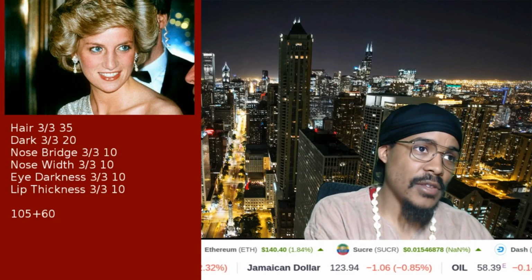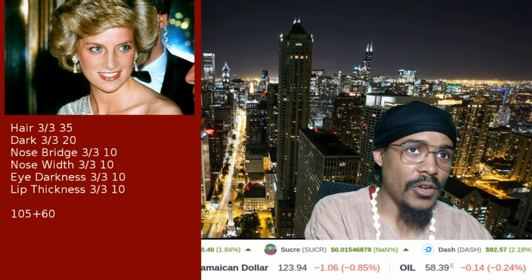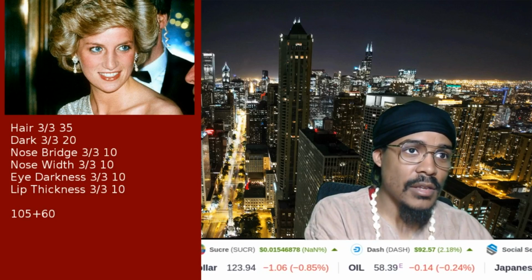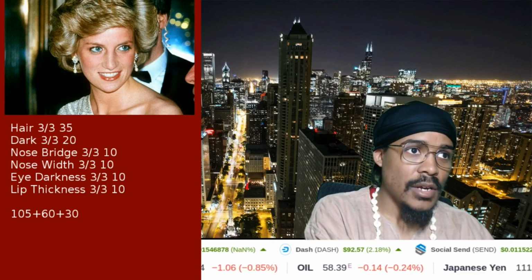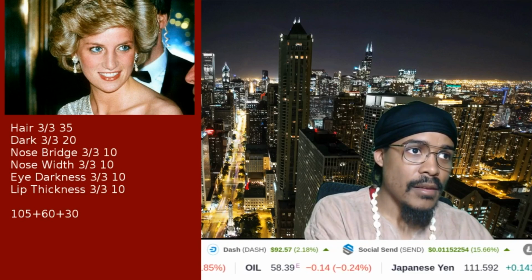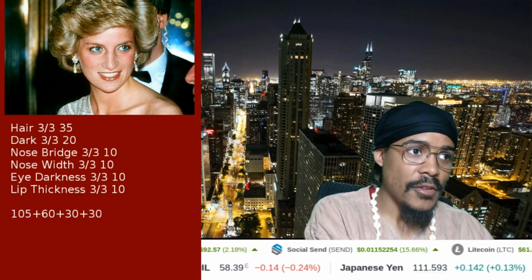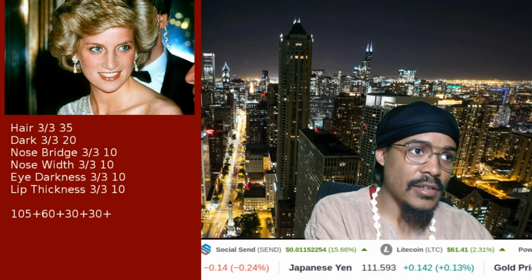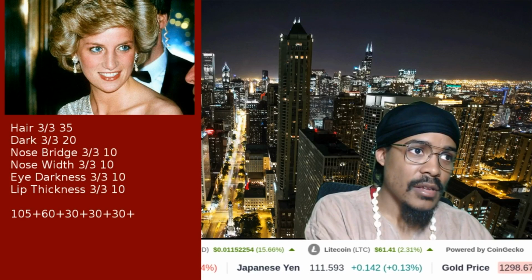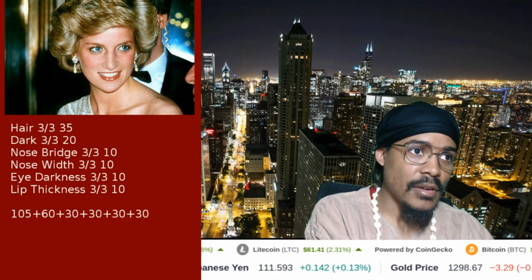And then the next level is a nose bridge. If they're 3 of 3 on nose bridge, then they get 30 points. Nose width, 30 points for 3 of 3. Eye darkness, 30 points. And lip thickness gets 30 points.